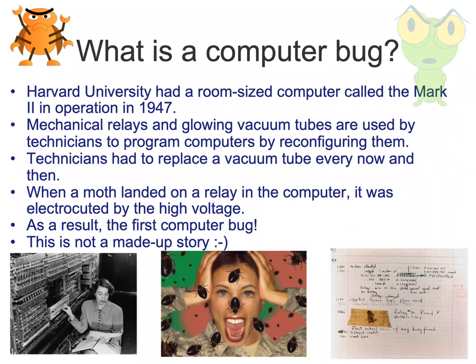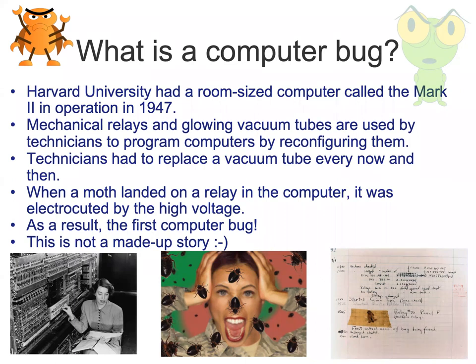The computer is called Mark II, and our first software bug was found when a moth, I don't know if you know what a moth is, not the picture in the middle, but on the left side, the mean looking bug. It looks kind of like that, but on the right side is the actual bug that was found. And that's a bug report in writing.